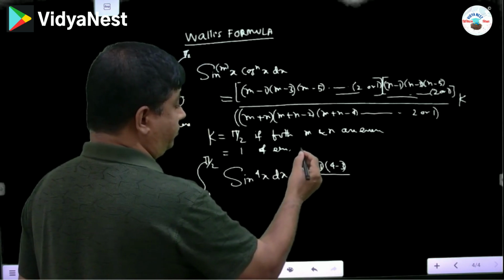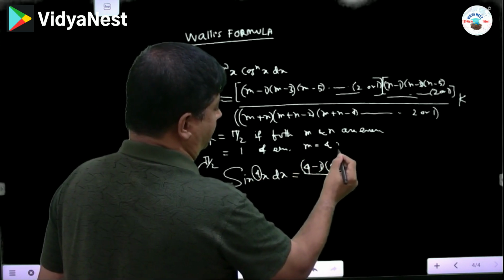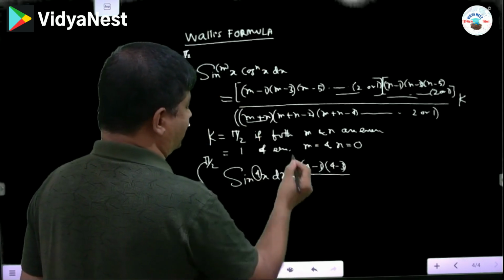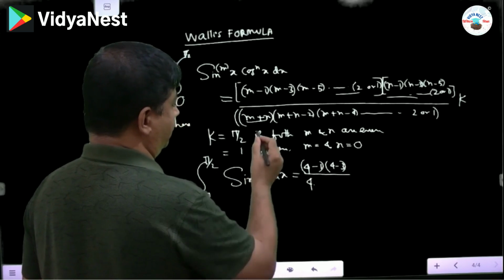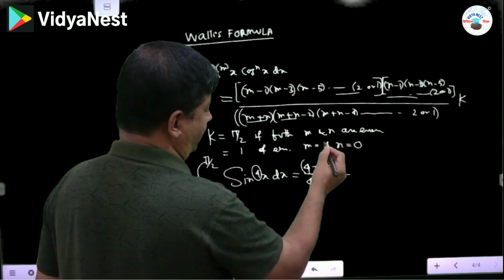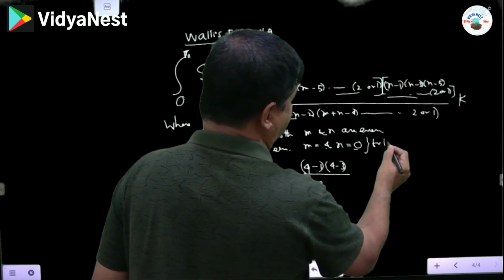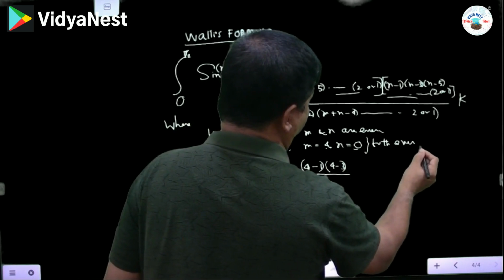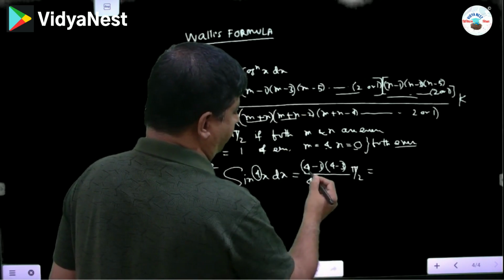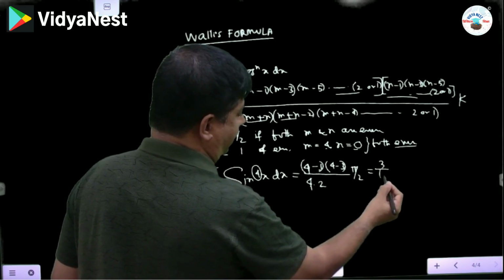Now here m is 4, n there is no term regarding cos, n is 0, m plus n is 4, m plus n minus 2, 4 plus 0 minus 2, 2, and m 4, n 0, so you can take as both even. That means pi by 2.